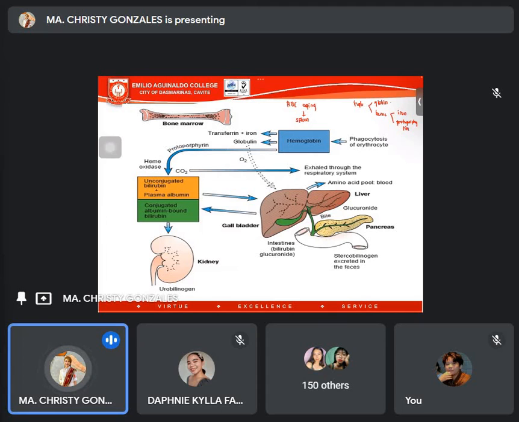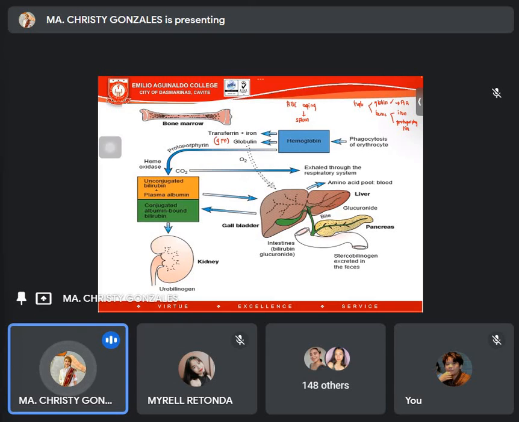Now, let's first talk about the globin. Globin is protein kasi these are made up of amino acids. No? Polypeptide yan. How many polypeptides? Sa isang hemoglobin, how many polypeptides? There are? 4. Okay.